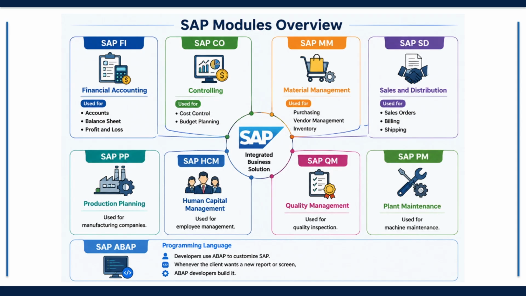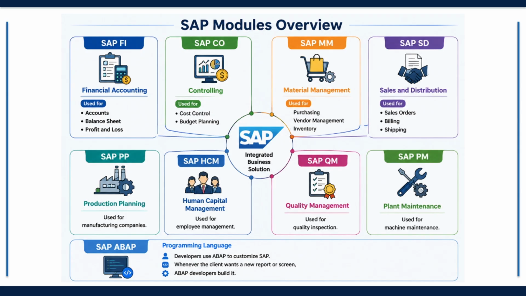Here, cost control and budget planning at the starting of any industry. SAP material management is used for purchasing, vendor management, inventory. Sales and distribution is used for sales order, billing, shipping, like that. Like those, HCM, QM, PM, PP. These are also the functional modules which are provided by SAP.